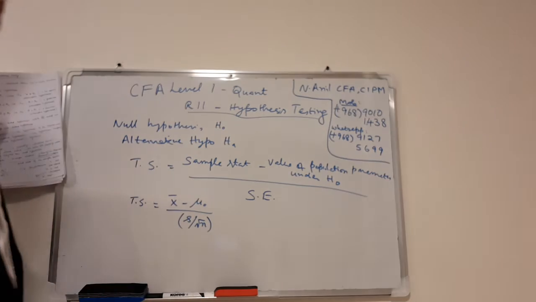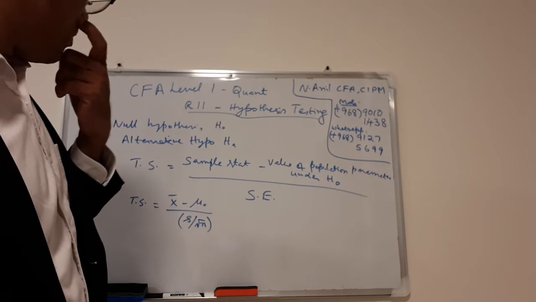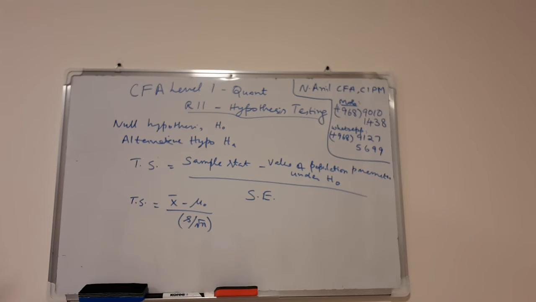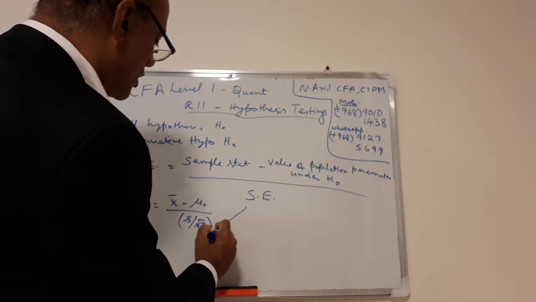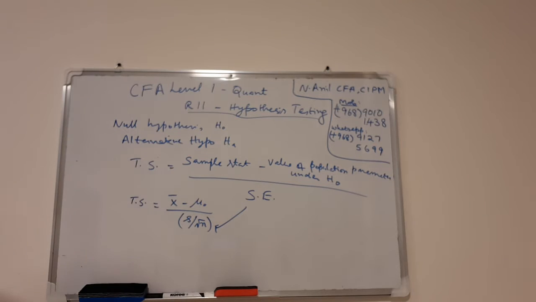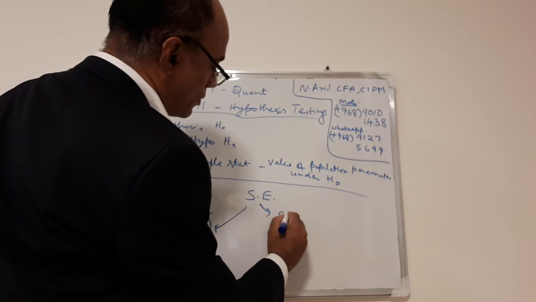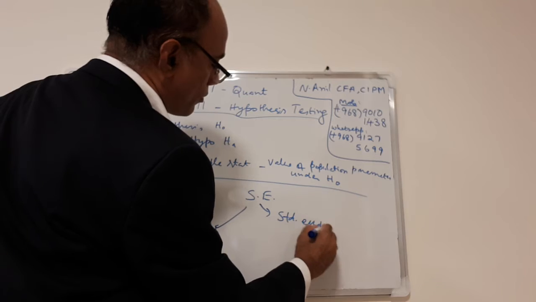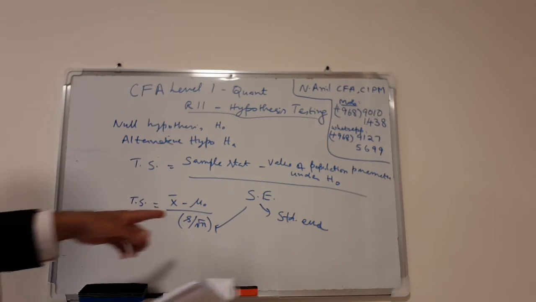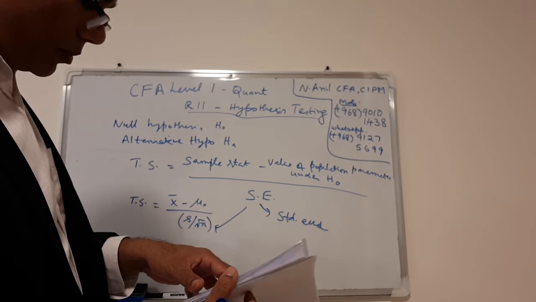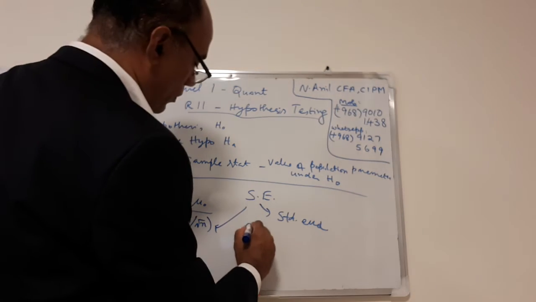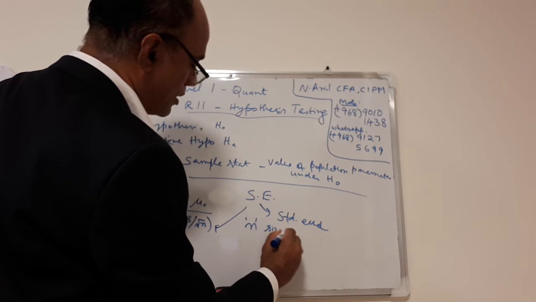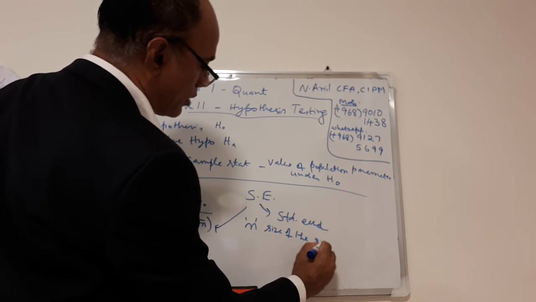So s is the sample standard deviation, mu naught is the mean of the population, and x bar is the sample statistic, and s over root n is known as the standard error. n is the size of the sample.